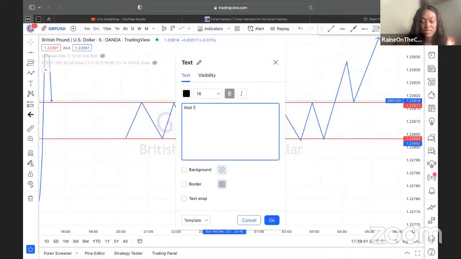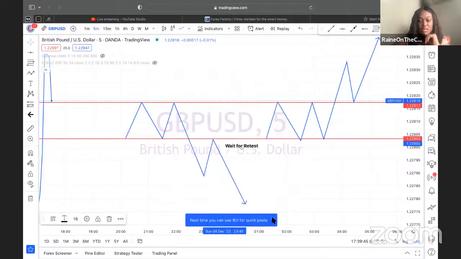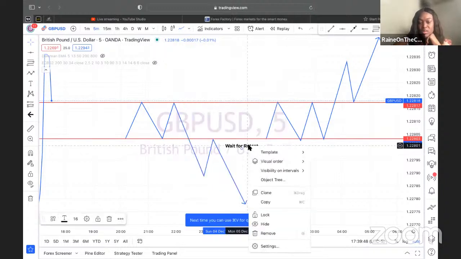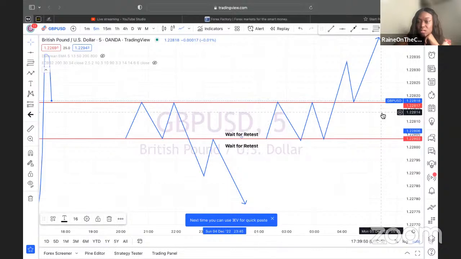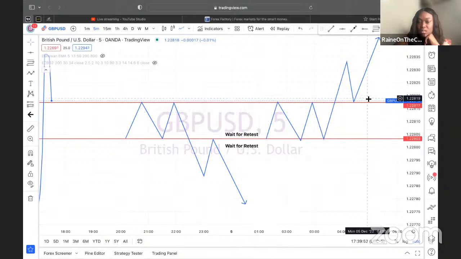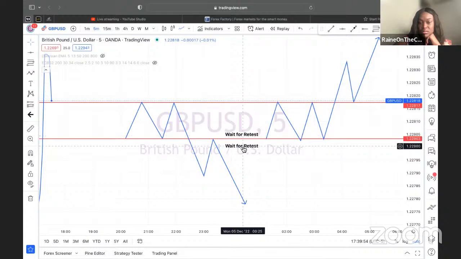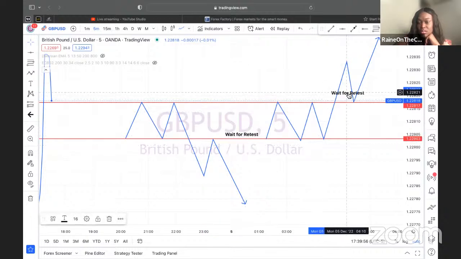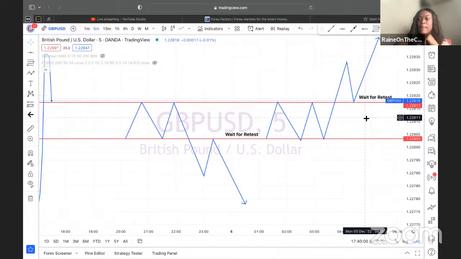Wait for retest. Now, what does the retest look like? This is the retest right here.